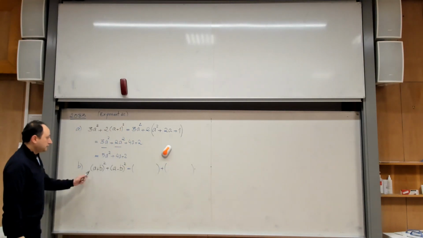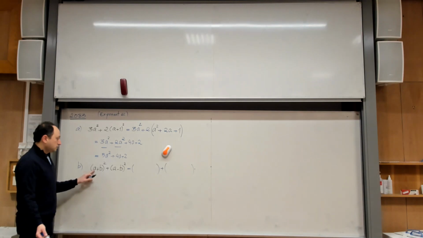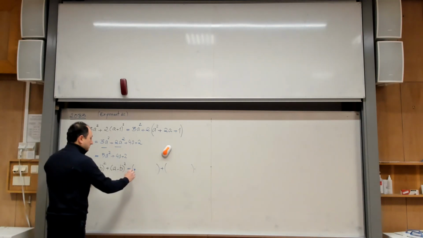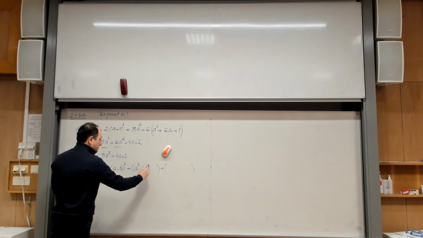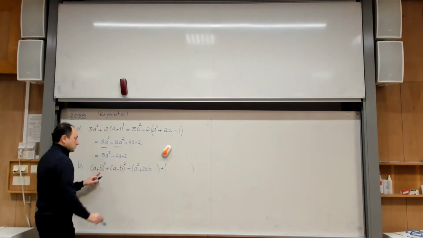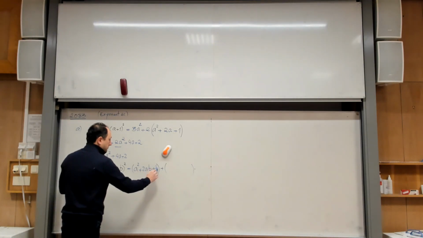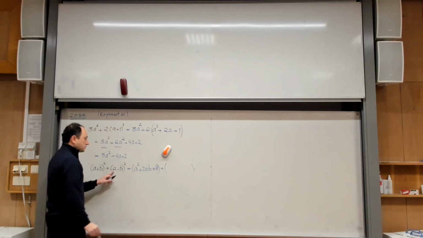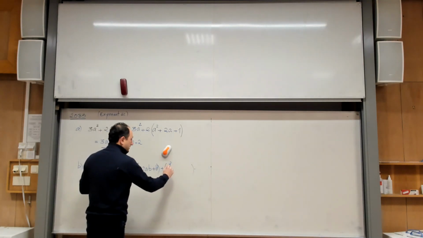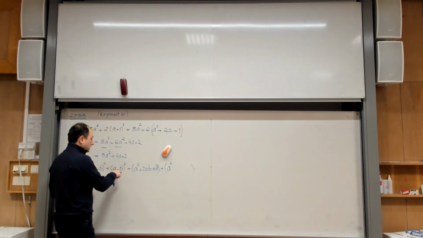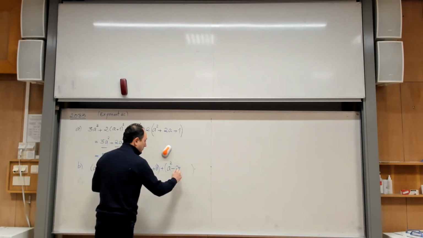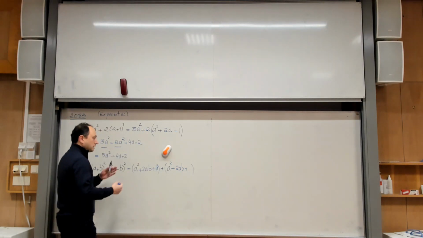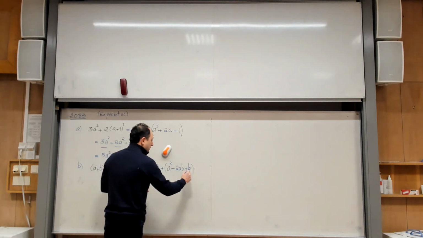I expand the first one here. This is the first one squared plus 2 times the first one times the second one plus the second one squared. And then the next one becomes the first one squared, 2 times the first one times the second one, but the second one is negative, so this becomes negative 2ab. The second one squared, even though the second one is negative, when I square it, it becomes positive.